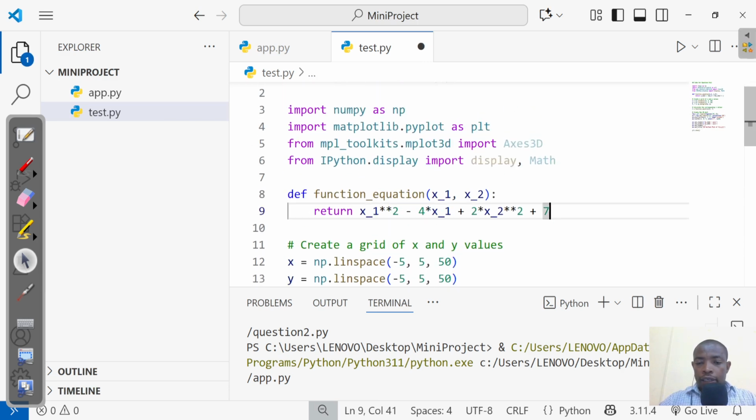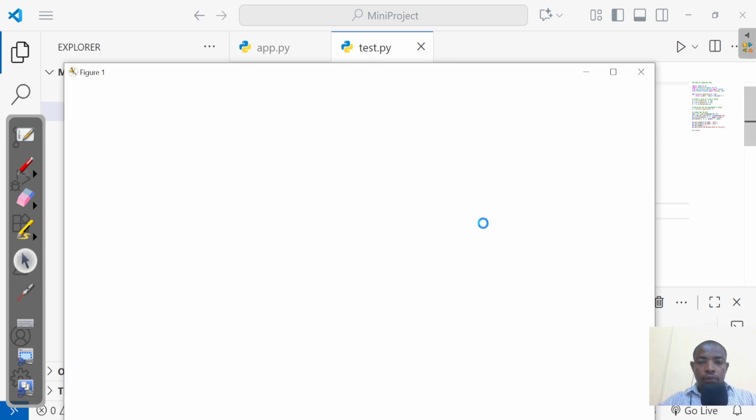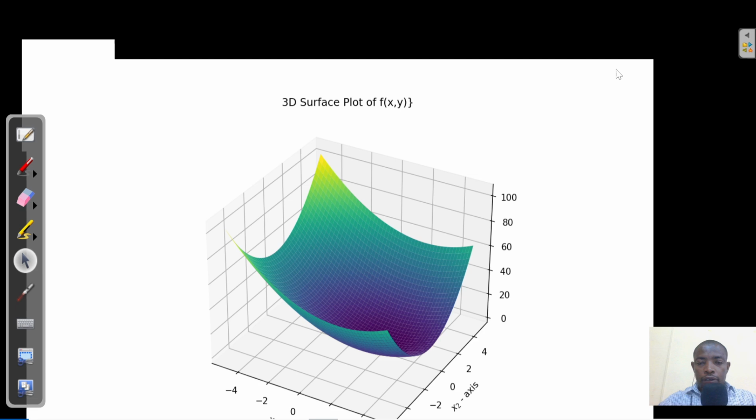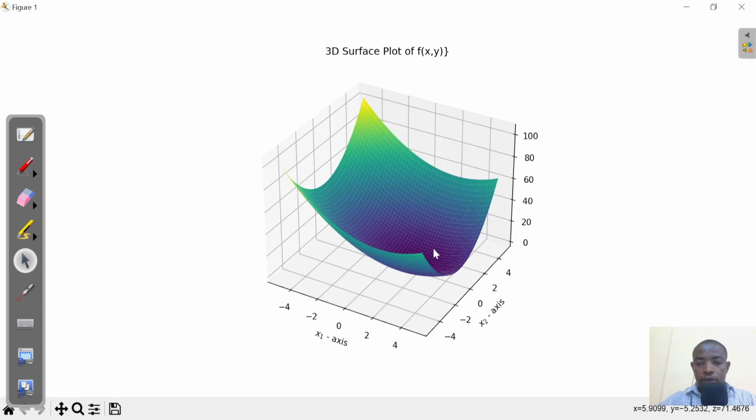And once again, this is the function equation: x1 squared minus 4x1 plus 2x2 squared plus 7. So when I run this, let me close this one before the new one opens. So we have this particular function being plotted out over here.